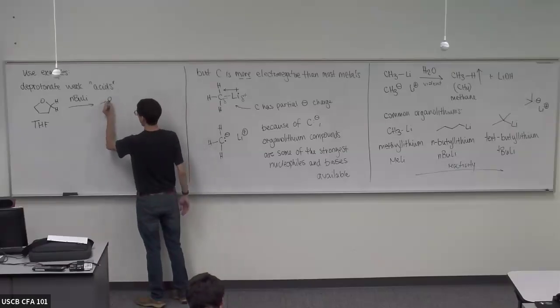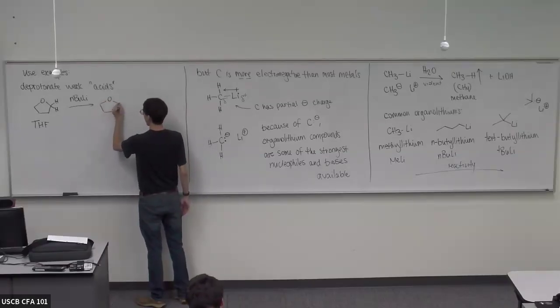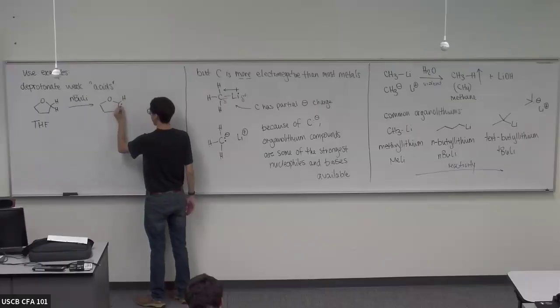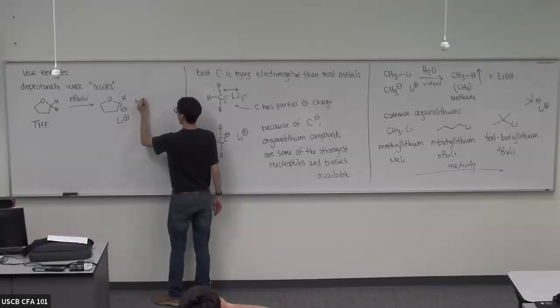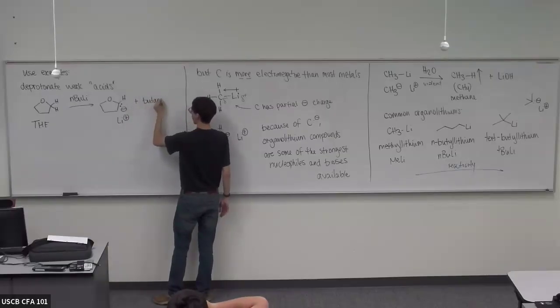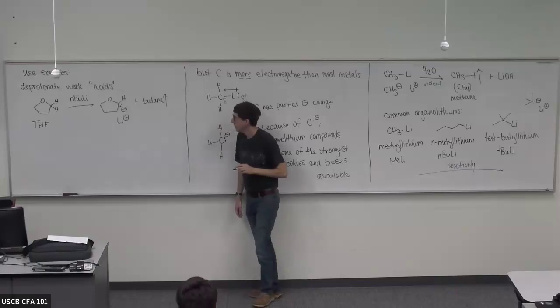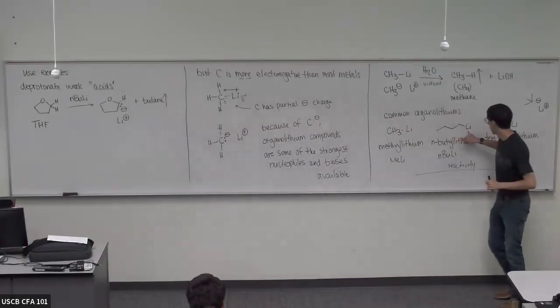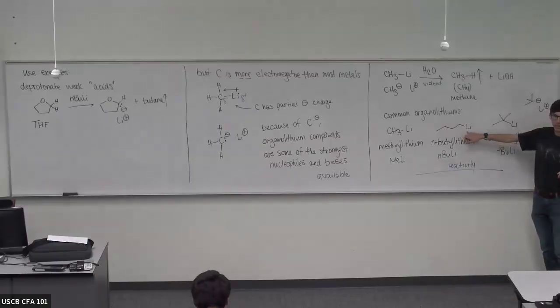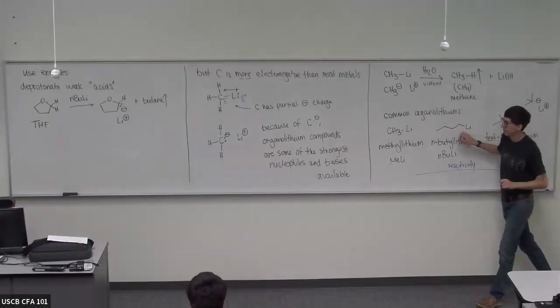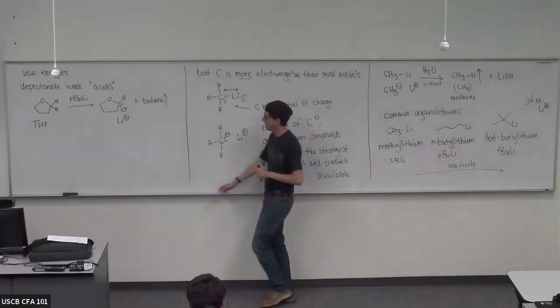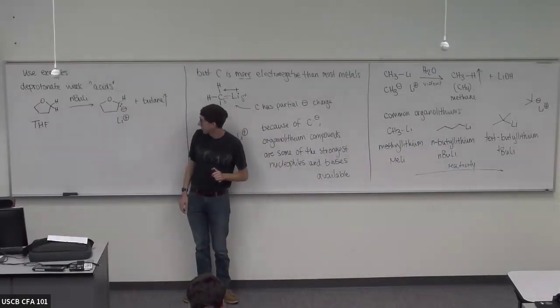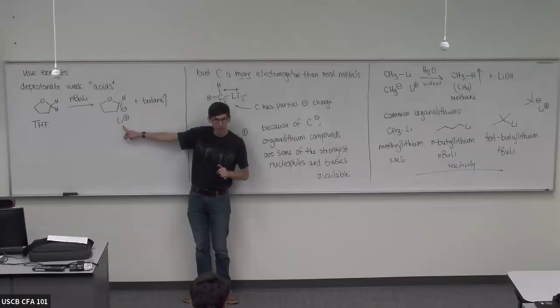So what you end up getting is butane as a side product, because lithium essentially swaps out for a hydrogen. That butane bubbles out of the solution, and then you have this anion, which is stabilized by the lithium, but it's still super reactive.